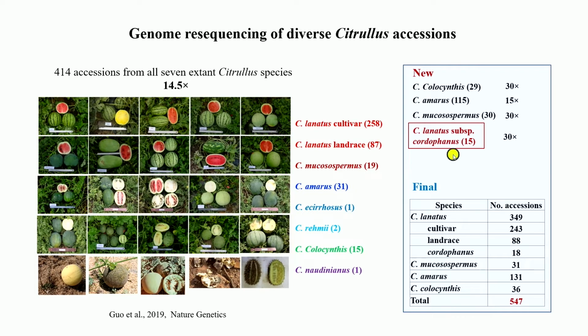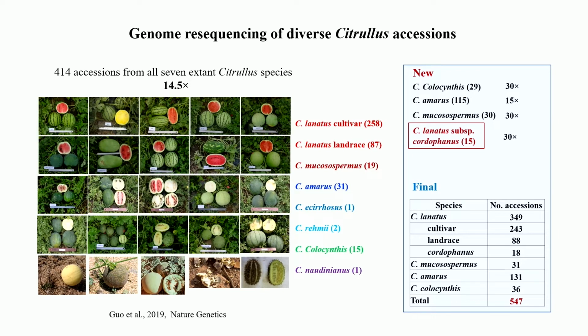This is the final summary, integrating all the genome resequencing data we have generated. In total, we generated genome resequencing for 447 watermelon accessions. This provides a solid basis for pangenome construction.